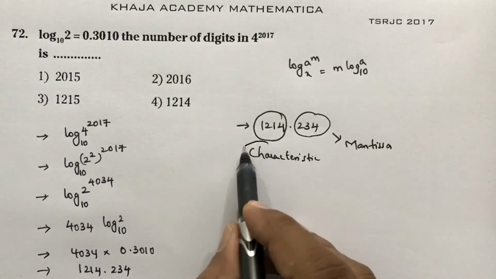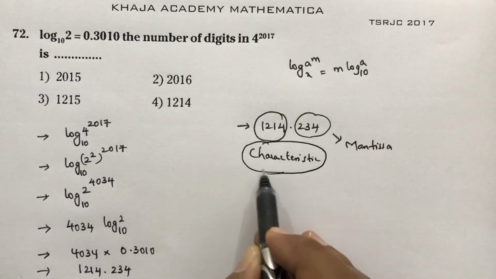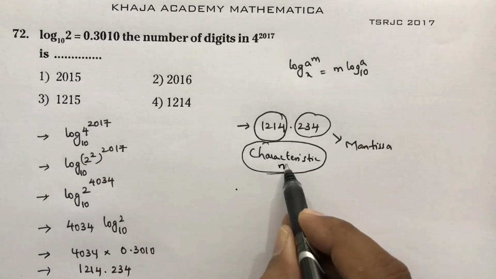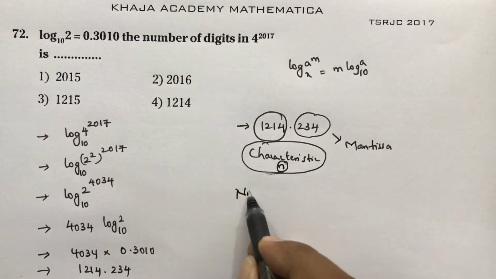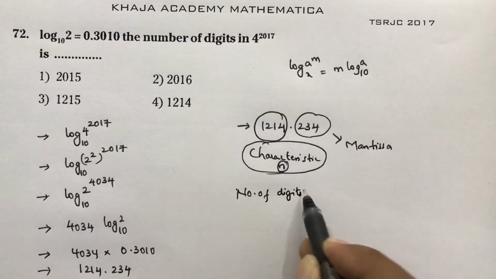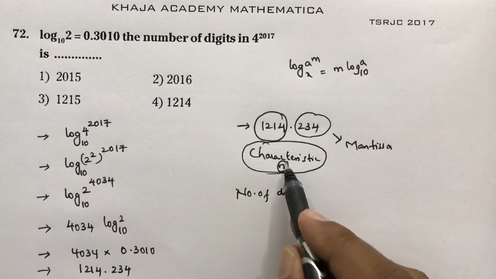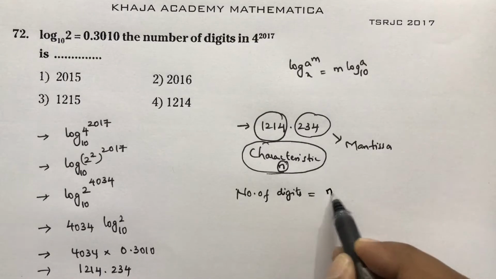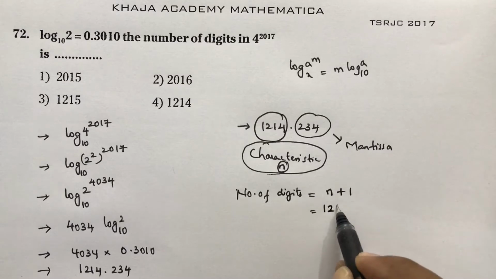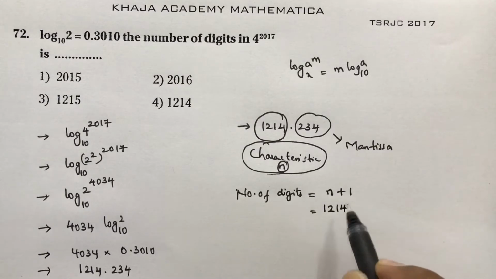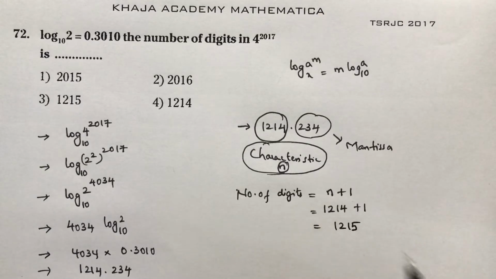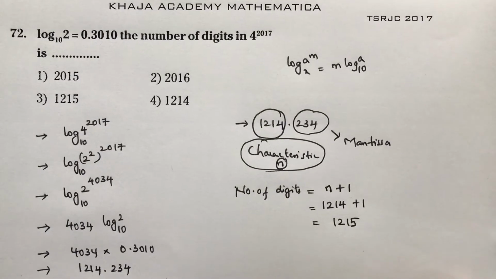For this characteristic value, if you add 1, you will get the number of digits. So if I denote the characteristic with n, the number of digits is the characteristic value plus 1. Here the characteristic value is 1214, plus 1, I'll get the number of digits as 1215.